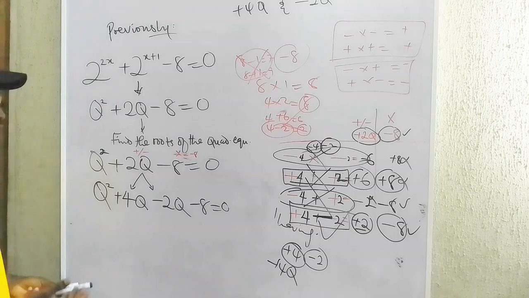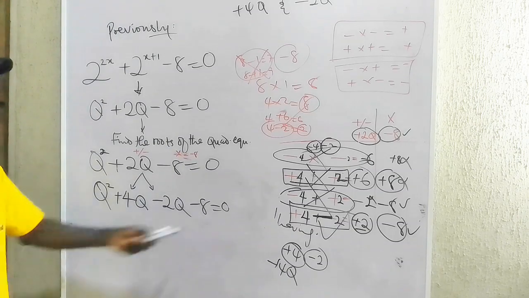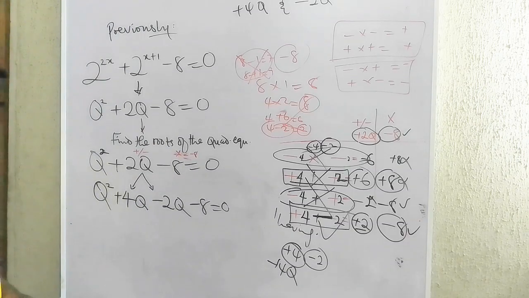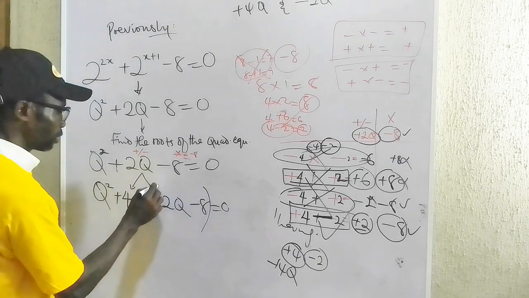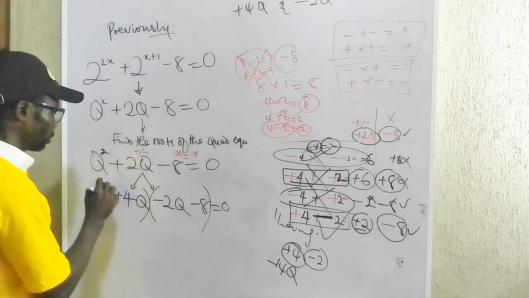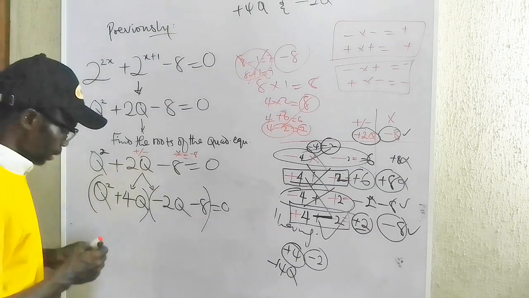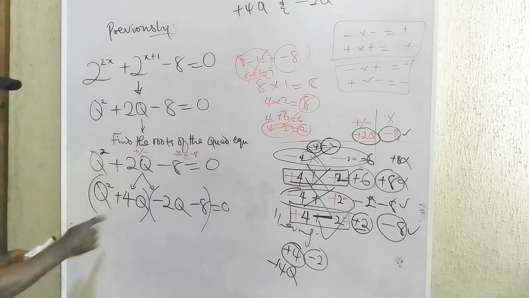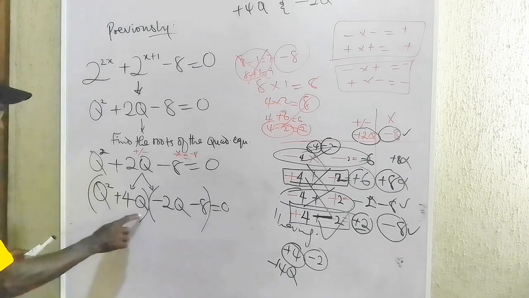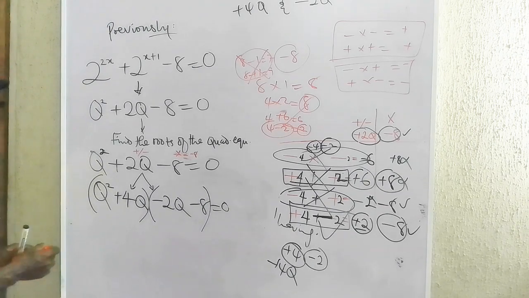Now in having this, we'll proceed to solving the question, right? In solving the question, what we'll do is pick here and pick here, pick here and pick here. Now let's see what is here that is also here. Now look here.